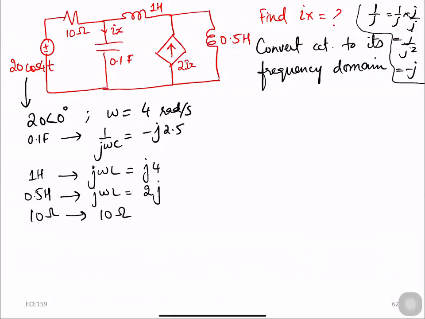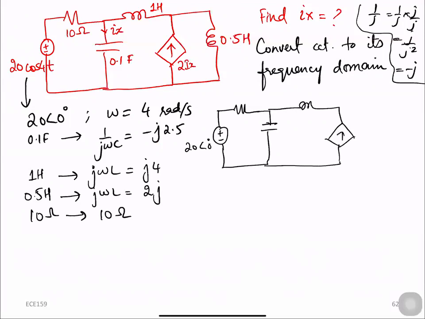So I will redraw this circuit in the frequency domain now, and I will write these components the same way as I just calculated. So these are all the components.